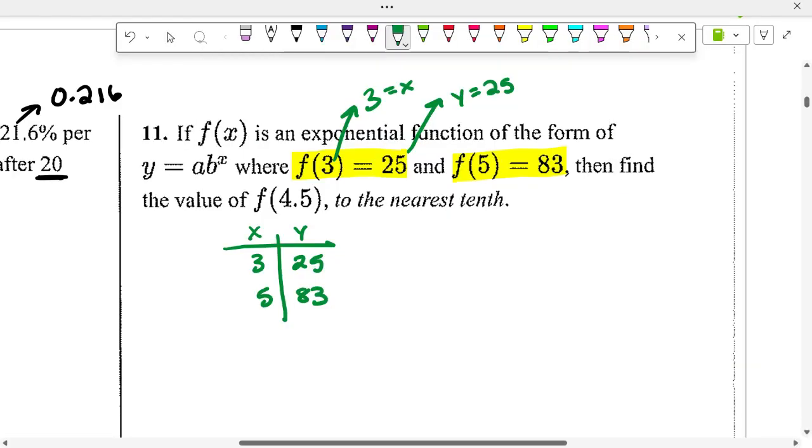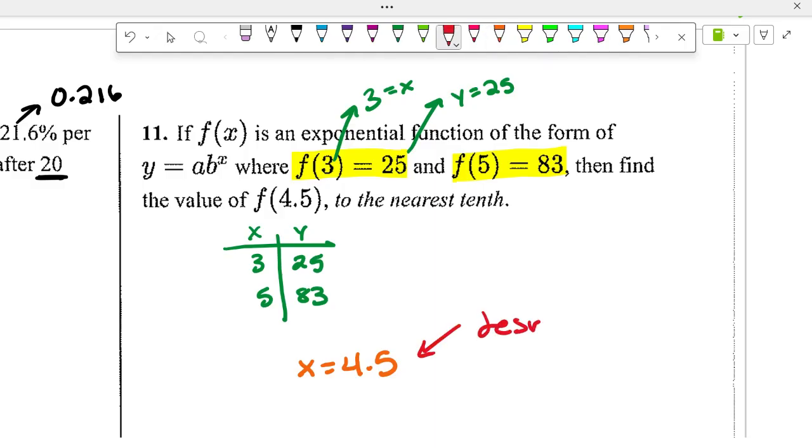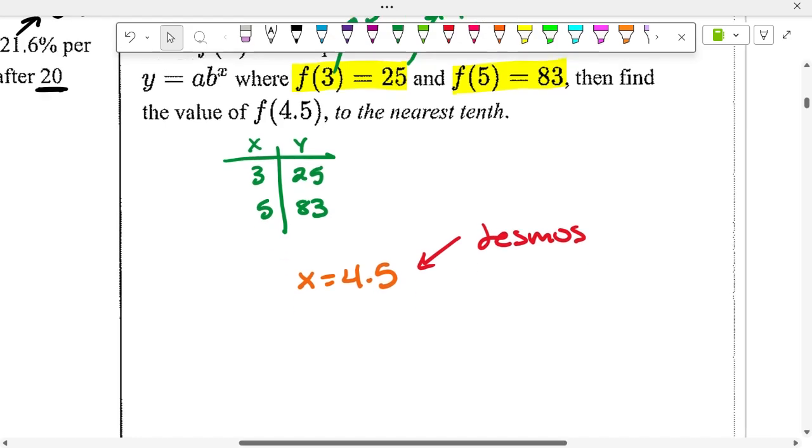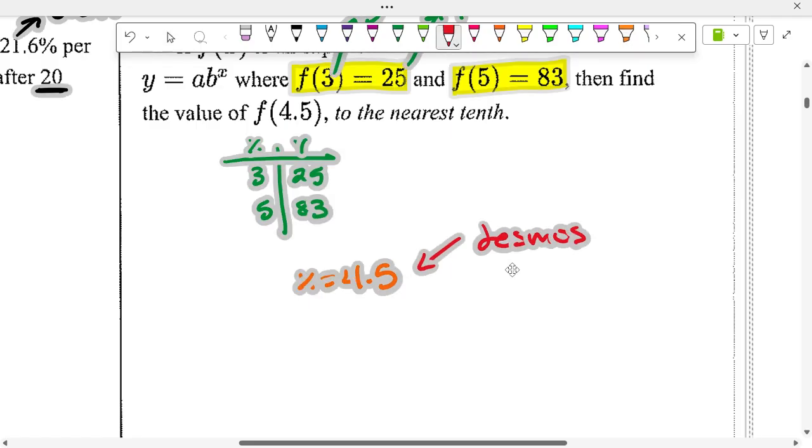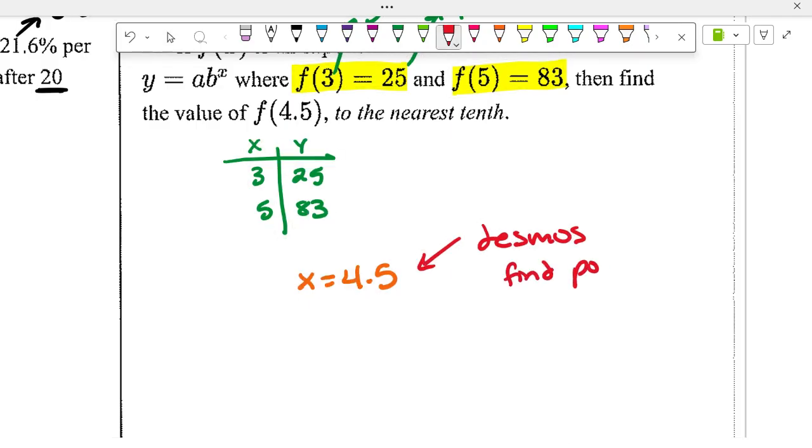So once I get the function, I need to find what f of 4.5 is. So in other words, I'm finding when x is equal to 4.5. So guess what? I'm going to type this into Desmos. So type x equals 4.5 into Desmos. Find the point of intersection because the regression automatically graphs the equation.